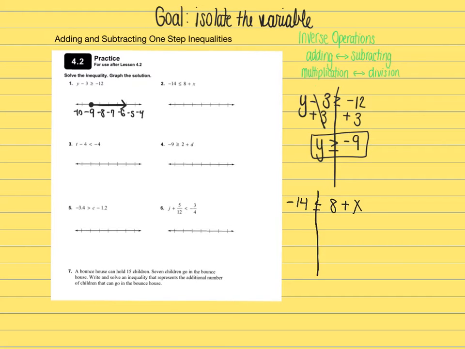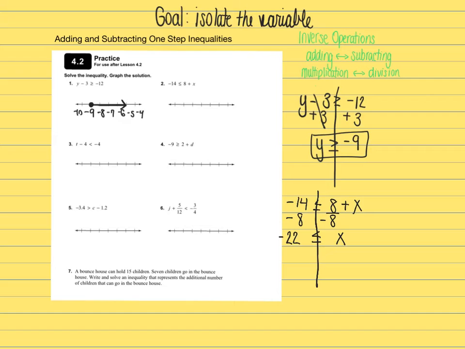I'm going to go ahead and divide my problem there into two parts. I'm going to see that this currently is a positive 8, so I need to subtract 8 there. If I subtract 8 from that side, I must subtract 8 from this side. I'm going to bring down my variable. I'm going to bring down my inequality symbol. Negative 14 minus 8. I'm going to go ahead and solve that, which is going to give me negative 22.